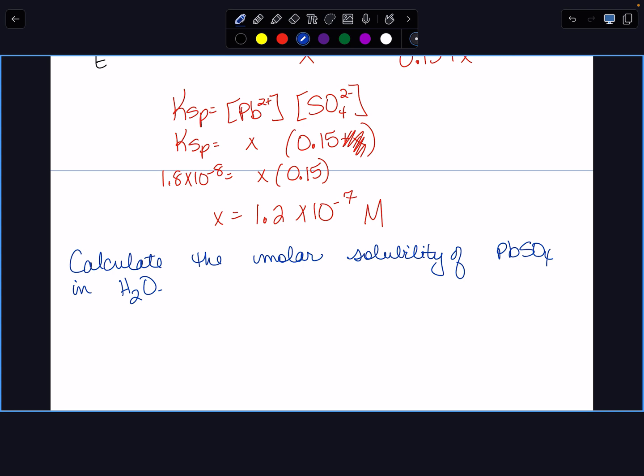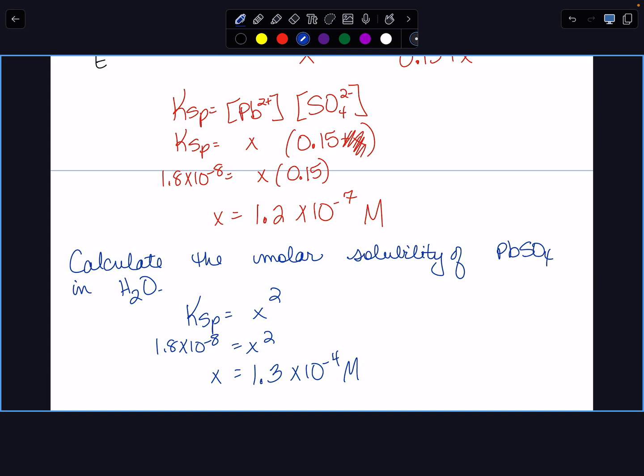Okay. So if it's in water, do you agree that the Ksp is equal to X squared, because it's the lead times the sulfate? So we would say 1.8 times 10 to the minus 8 is equal to X squared, and X is the molar solubility, which is 1.3 times 10 to the minus 4 molar. It's what you said.